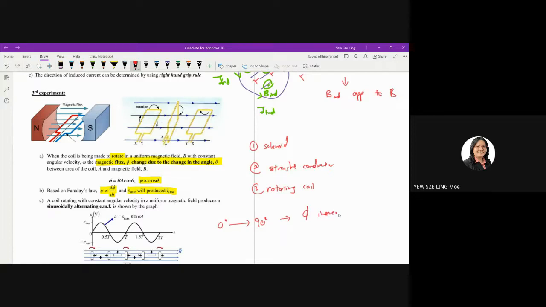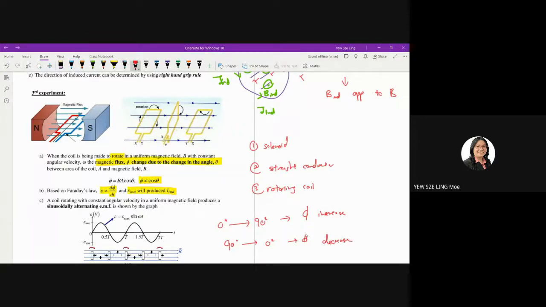So once you know whether your flux increases or decreases, you can then proceed to determine the direction of the induced magnetic field. Sama juga, even for a rotating coil, you can use your right hand grip rule to determine the direction of current. After it passes through the maximum angle, the 90 degree, as it goes back from 90 to 0 degree, your flux decreases.